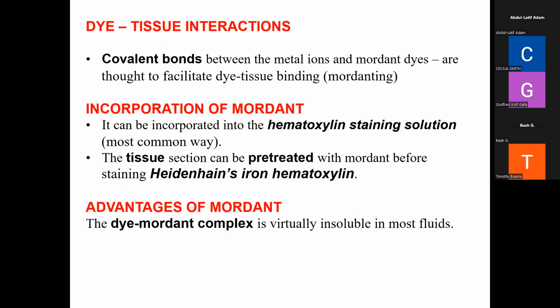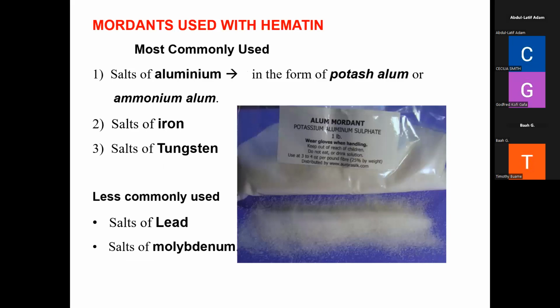So it forms a covalent bond between the metals and the dyes. There is an interaction between them that produces a color with enough contrast between the tissue and the dye. As I mentioned, we have aluminum salt, that is the alum mordant. When you are using alum as the mordant, you call it alum hematoxylin. If it is iron, it is iron hematoxylin.